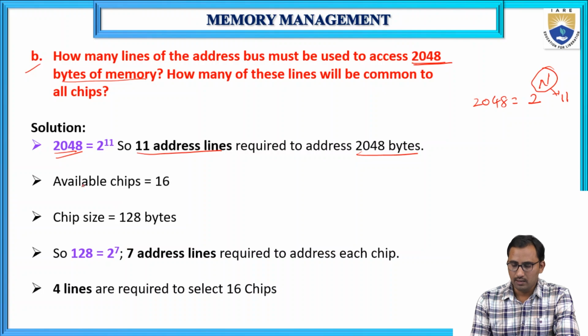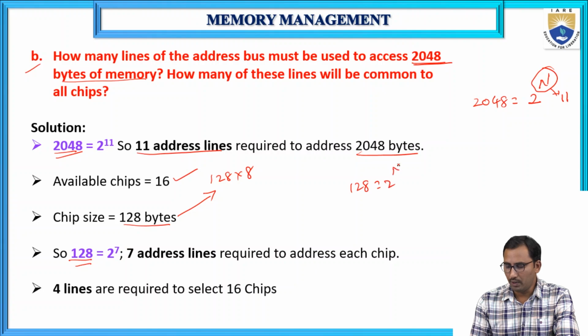And here the available memory chips are 16 with the size 128 by 8. The chip size is 128 bytes, 128 byte means 128 into 8. So 128 is equal to 2 power 7, where n is equal to 7. So that means 7 address lines are common for every memory chip.